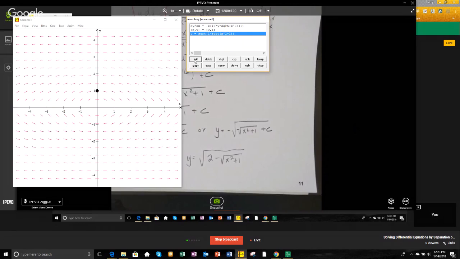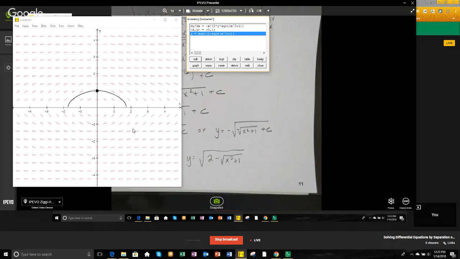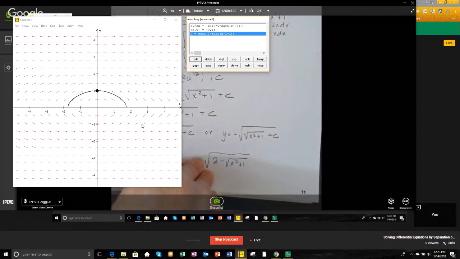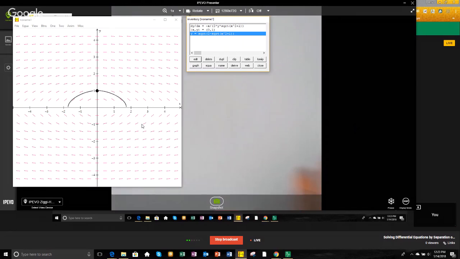Oh, I know why, because we have to make it a 2 in front here. Sorry. It helps if the inside of the square root is not a negative number. So there's our particular solution passing through the point 0, 1. All right. So those were 2 difficult ones, and I apologize for the mix up there on the negative. Happens to the best of us.